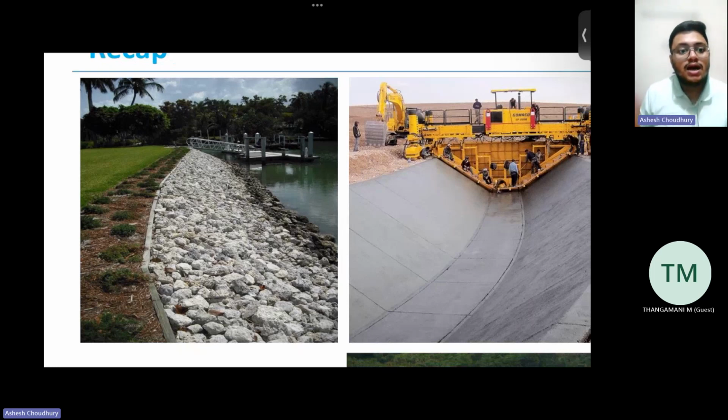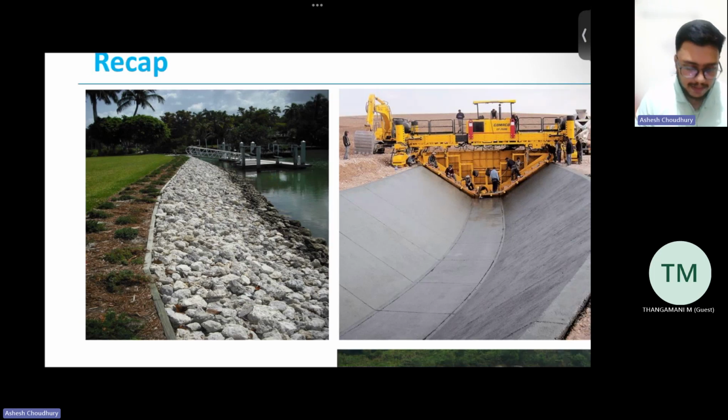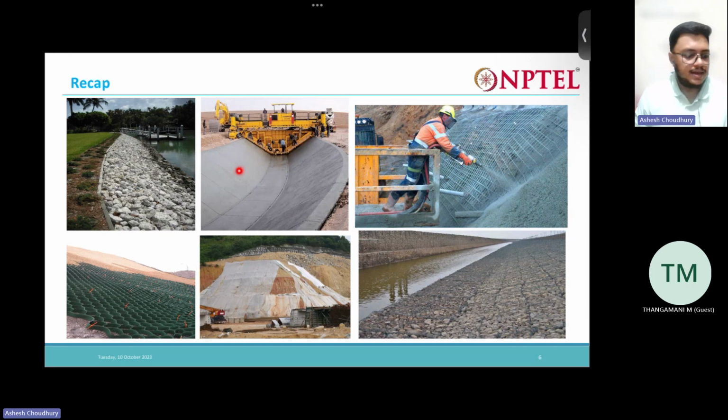You can see a lake or some river, whatever it is, and we have the soil in this portion, right? To protect this area, we have put graded boulders here. This is nothing but riprap.